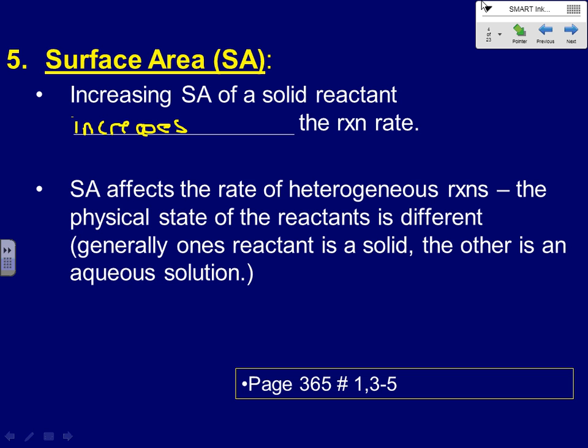Okay, so that little initial note kind of reminds us of the factors that we should be thinking of and how those factors affect rate. Now we want to talk about collision theory. We want to talk about what actually happens in order to initiate a chemical reaction.